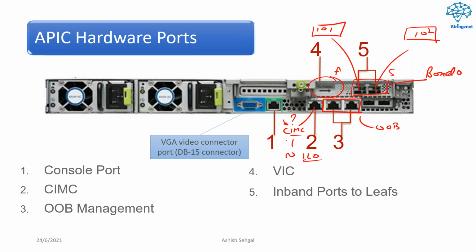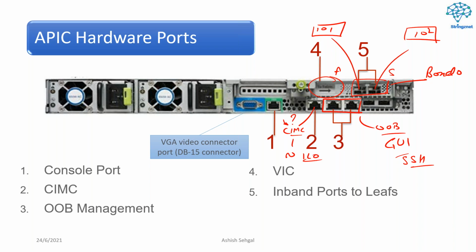The big question is the purpose of this. With the help of this particular port, we log inside our controller and have GUI access. With this port, we get SSH CLI access of the controller, and we can do the configuration from there as well.